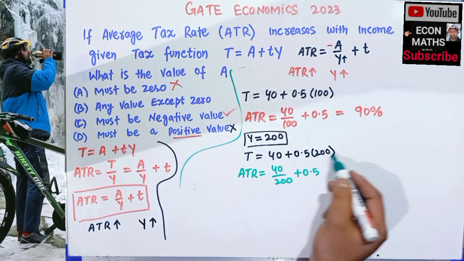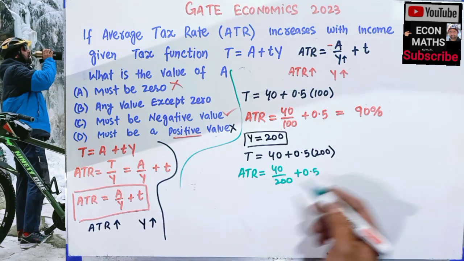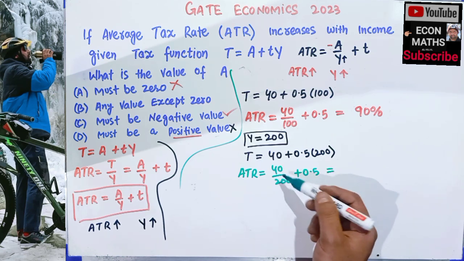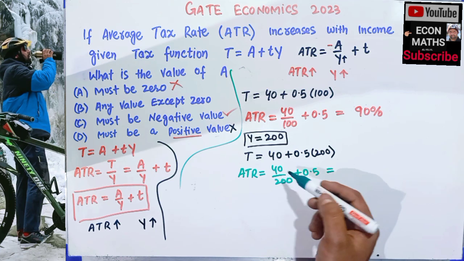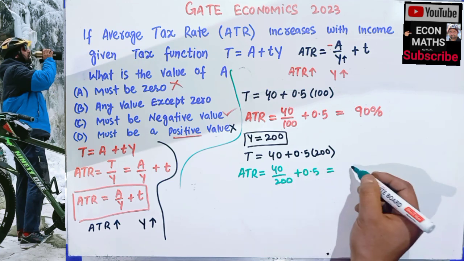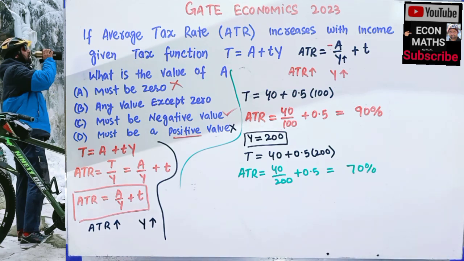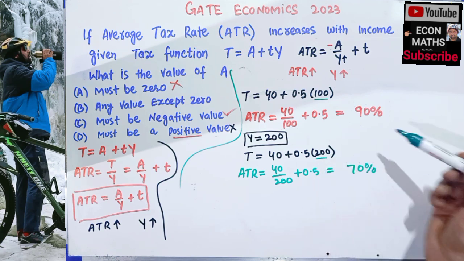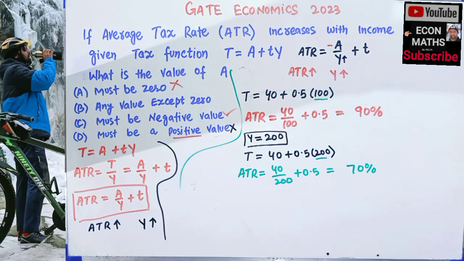I am dividing this equation with income to get the average tax rate, and here 40 upon 200 will come out to be 20% plus 50%, it comes out to be 70%. Here you can see when income increases from 100 to 200, average tax rate has decreased from 90% to 70%.